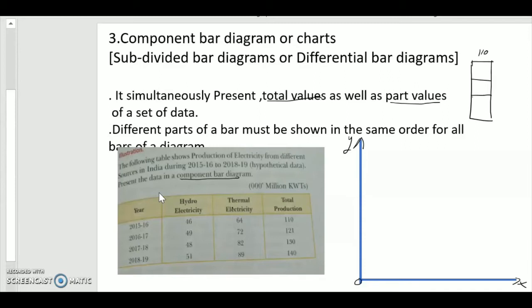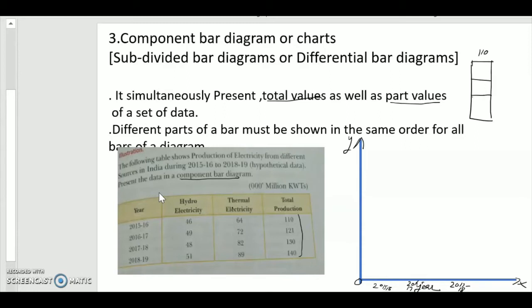First, we have to take the maximum value of the total production. On the y-axis we take total production, and on the x-axis the years. Different years we write here: 2015-16, next 2016-17, then 2017-18.